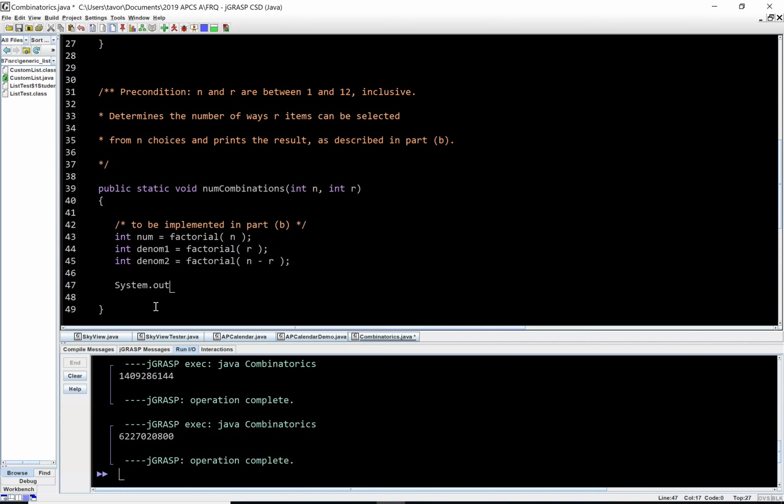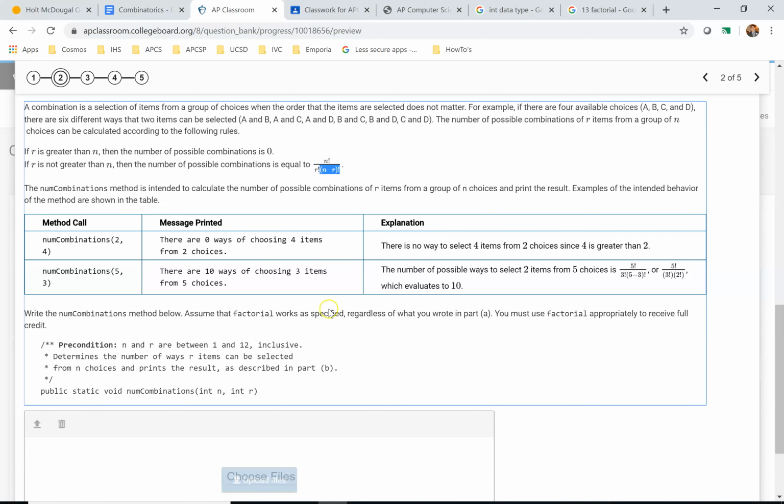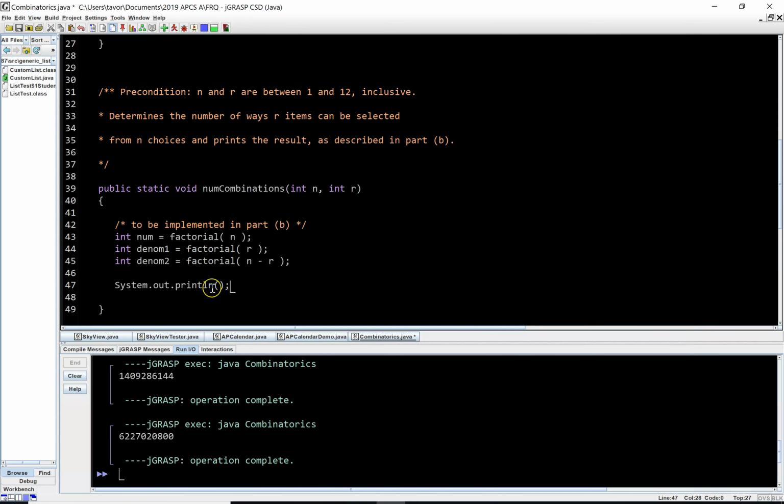System.out.print. And what you're printing is actually this right here. So I'm going to actually copy this. And I'm going to put my string, my quotes, and then paste. Okay, that works good.